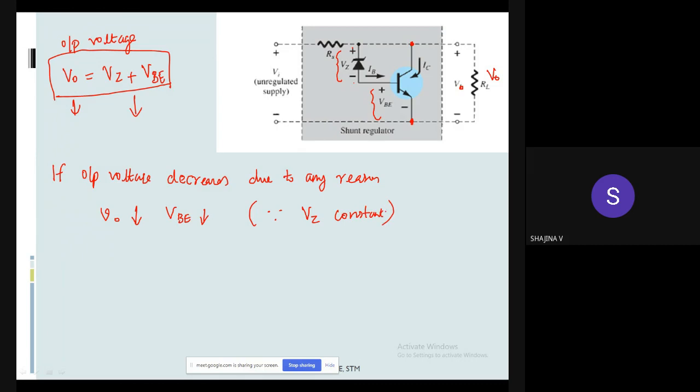So if output voltage reduces, from this equation you can say this term Vset plus VBE reduces, but Vset is constant, so VBE will reduce. This reduction in VBE results in reduction in base current IB.